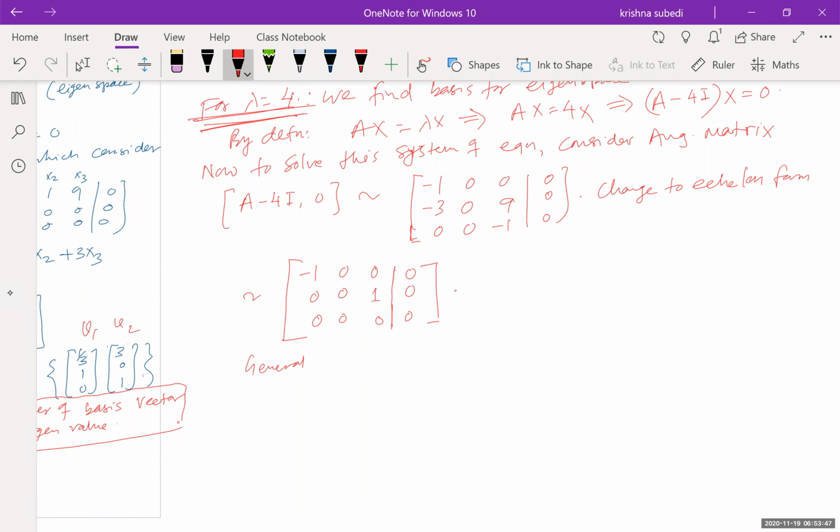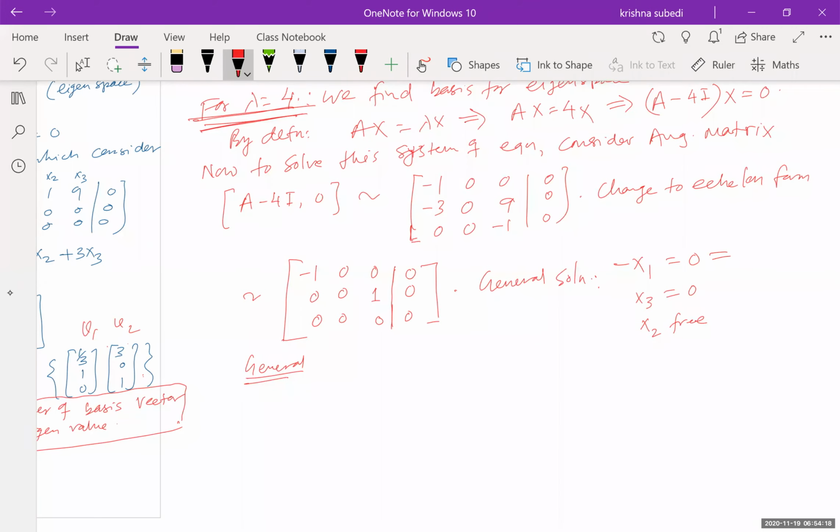The general solution will be negative x1 equal to 0, and x3 equal to 0. And what is free? x2 is free.